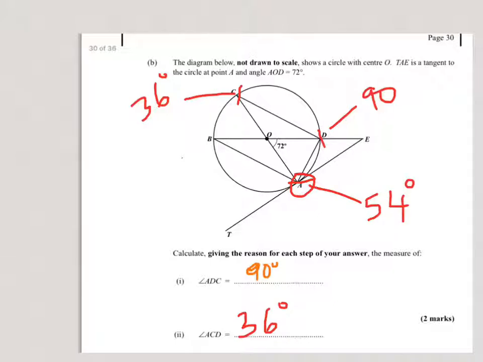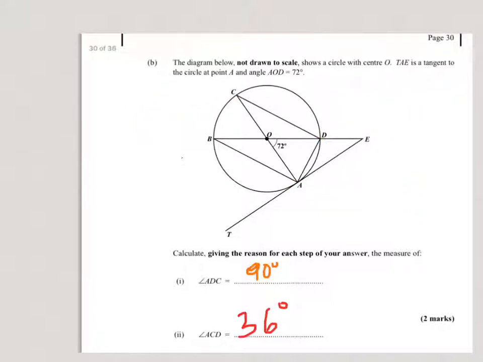Reason: interior angles of a triangle sum up to 180 degrees. Let me quickly erase so we can see clearly. Alright, let's look at the final question. Angle OEA.